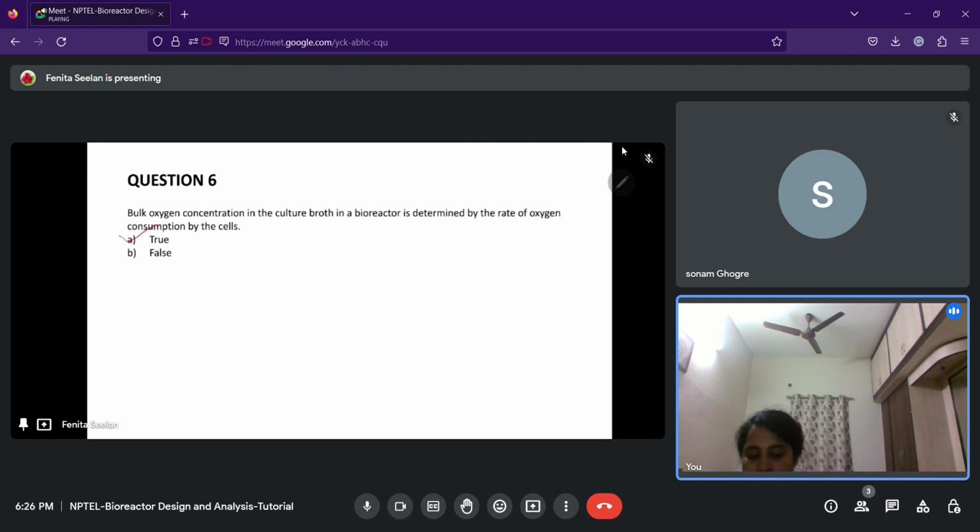It is true. The bulk oxygen concentration in any culture broth in the bioreactor system is determined by the rate of the oxygen consumption by the cells being cultivated in the reactor.